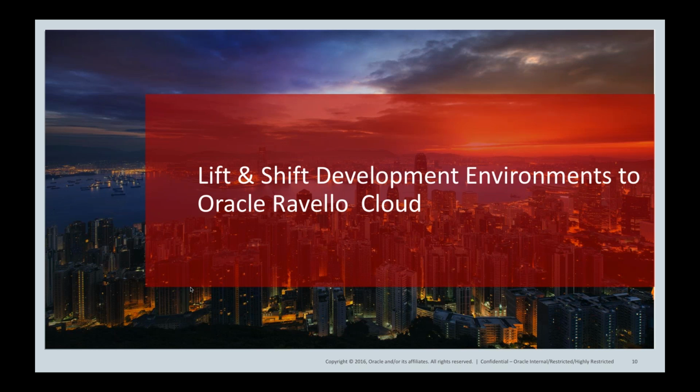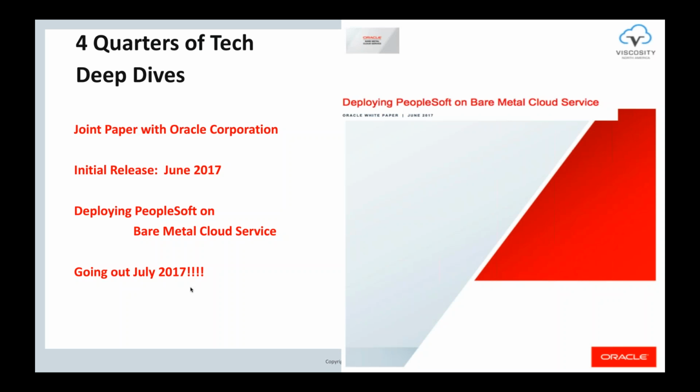Okay, so I also want to mention that we did talk about E-Business Suite. Let's also talk about PeopleSoft. I don't want to leave PeopleSoft in the backseat either. So Viscosity and Oracle jointly published a white paper, and it should be going out sometime this month. It's been approved. Now it's just a matter of dotting the I's and crossing the T's with Oracle Marketing.